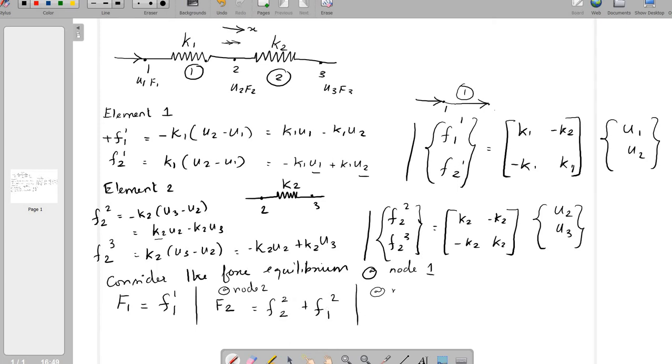At node 3, F3 is equal to the force vector of the second element to the third node.